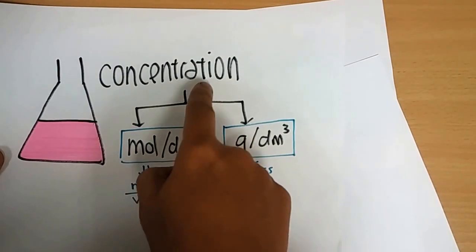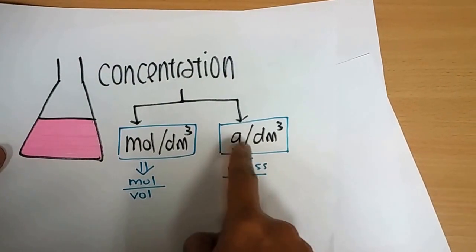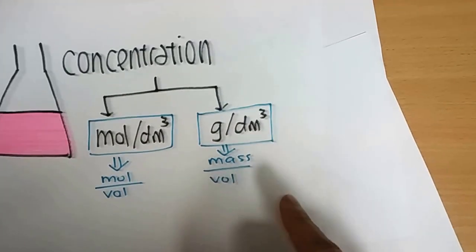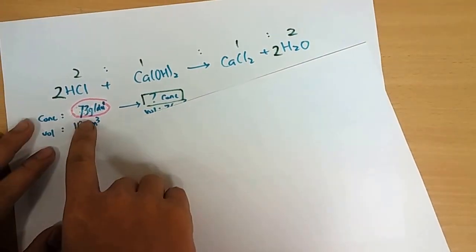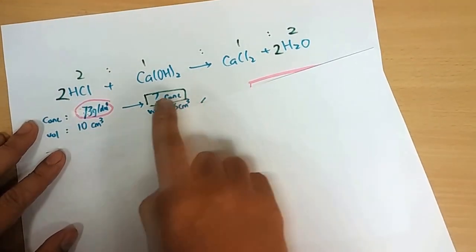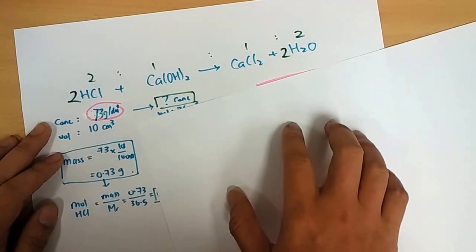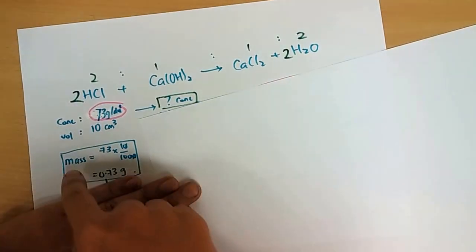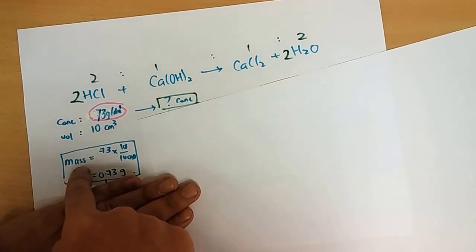Now remember, concentration can be moles per dm cube or grams per dm cube. So if you get grams per dm cube, you have to do another step. If you are given 73 grams per dm cube and the volume, and you're asked to find the concentration, how do you do it? Same gameplay. I will take in this case the mass, not the mole.